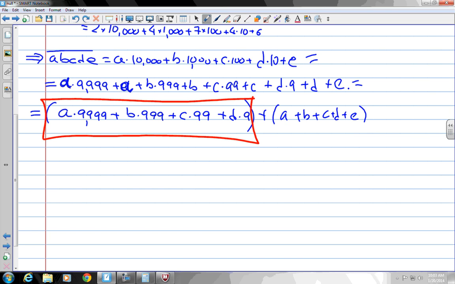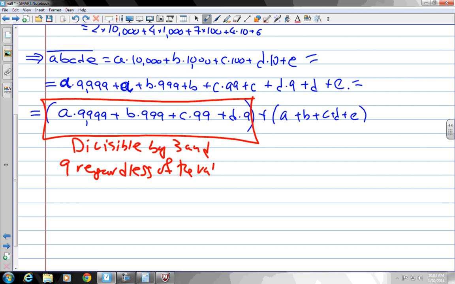And this statement in the box is divisible by 9 regardless of A, B, C, D, and E. Do you agree with that? This is divisible by 3 and 9 regardless of the values of A, B, C, D, and E. So it's all going to be about this last parenthesis, which is the sum of all digits.